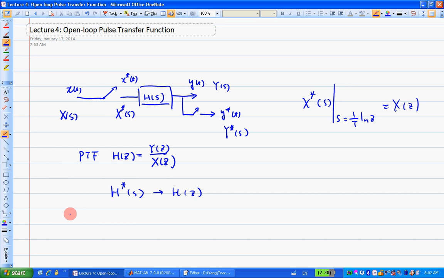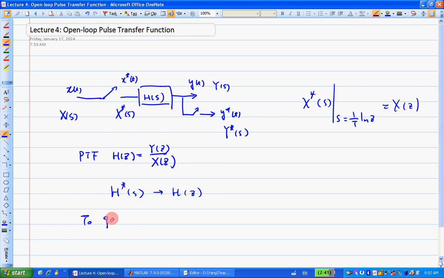Essentially, you need to be careful here. To obtain h of z, you can obtain it by taking the ratio. Let me write it down.